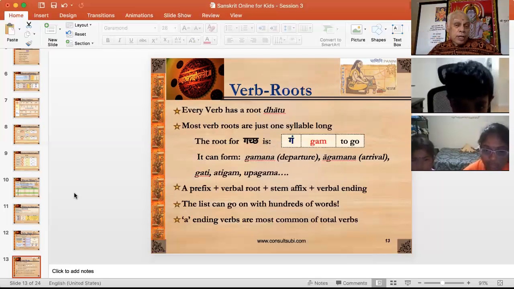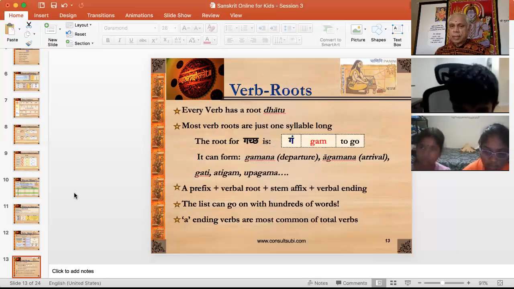So this list can go on to hundreds of words, and it also depends what is the ending of the verb. A-ending verbs are most common, like gaccha. So the verb roots build up together with a prefix, a root, an affix, and a verbal ending.